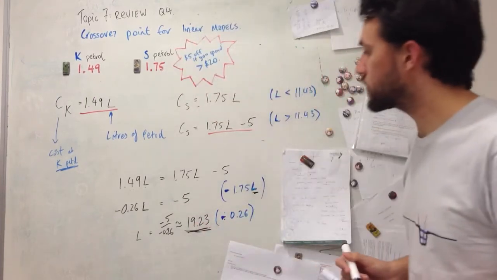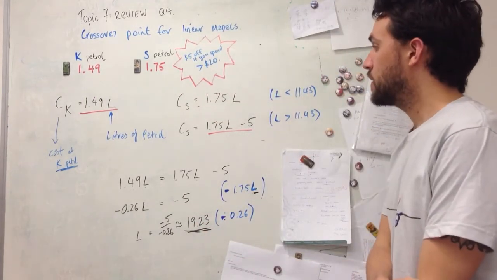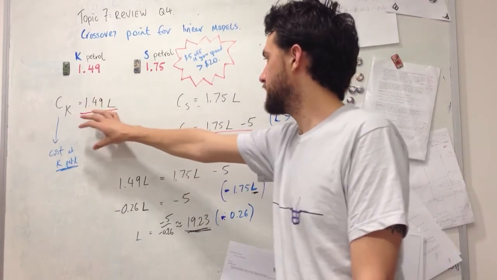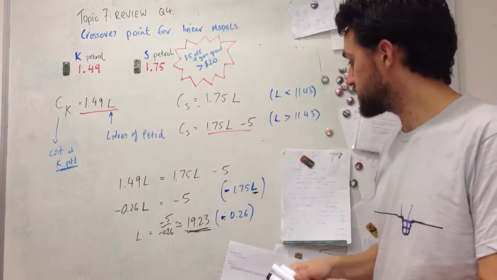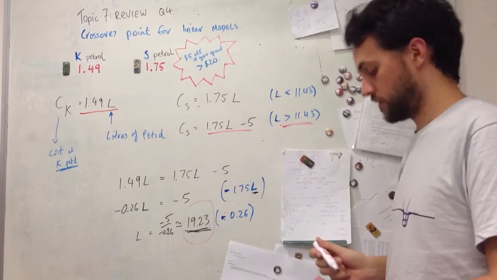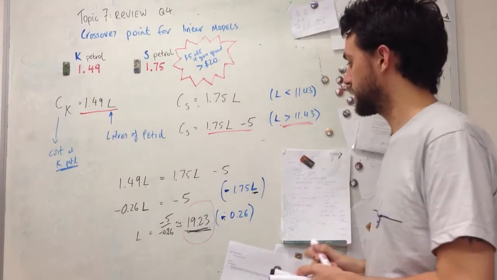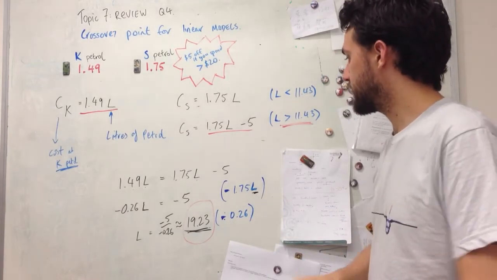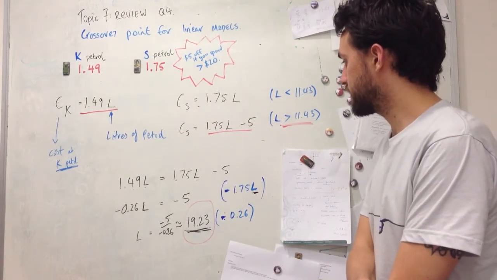And so this is the number of litres that I would need to buy before going here is the same as going here. And one additional thing, I just make sure that this is actually valid for this model. So that enables me to see what is going on there.